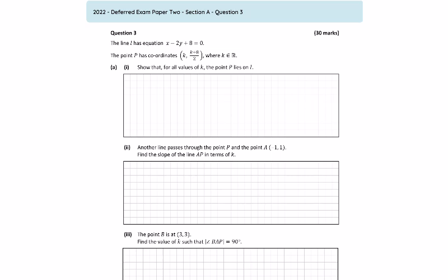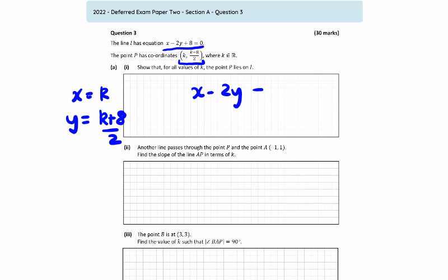In 2022, the third, you were given the equation of a line and you were asked to sub in this point, show that for all values of k, the point P lies on L. So we have x is equal to k and we have y is equal to k plus 8 over 2. So we sub it in, x minus 2y will have to be equal to minus 8.